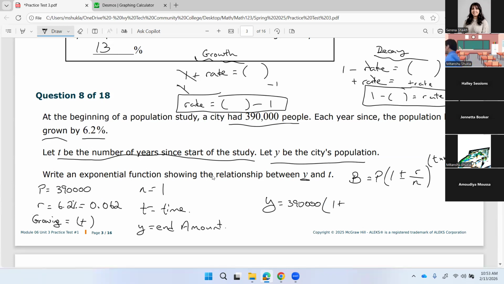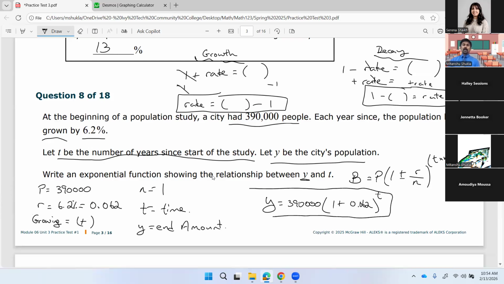Well, anything divided by 1 is just itself. So I'm just going to write 1 plus the rate, and it's being raised to some time power times 1. But time times 1 is just time. And that's my answer. This is the exponential function.